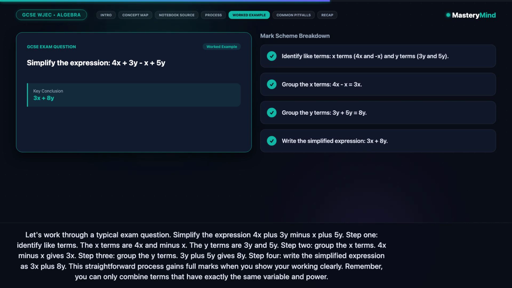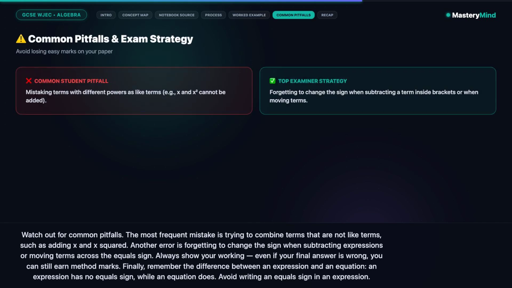Step 3. Group the y terms. 3y plus 5y gives 8y. Step 4. Write the simplified expression as 3x plus 8y. This straightforward process gains full marks when you show your working clearly. Remember, you can only combine terms that have exactly the same variable and power.